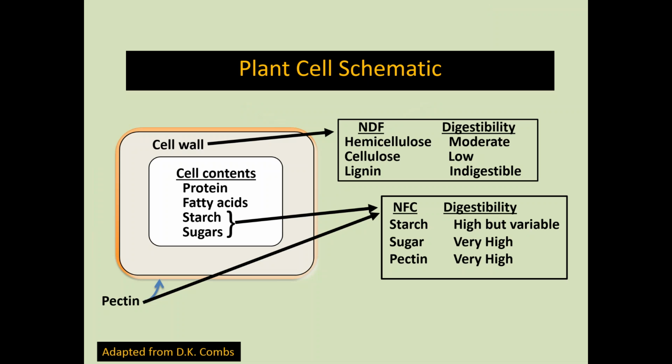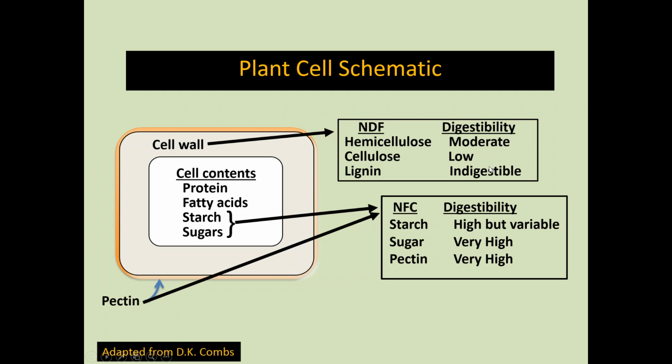And largely, I think many of the changes that have come about in the past several years have been in the area of carbohydrates, and I borrowed a slide from Dr. Dave Combs that you may have seen before at some of the Team Forage in-service training meetings. We look at the cell wall components being neutral detergent fiber, hemicellulose, cellulose, and lignin.